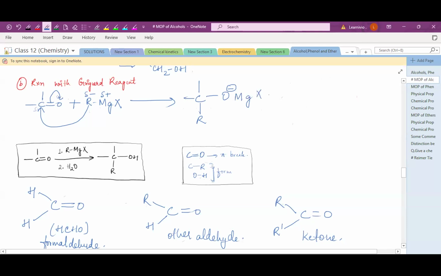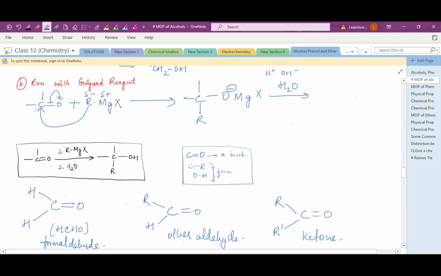Now, further hydrolysis. This is again a two-step mechanism. In the first step you have to treat the carbonyl compound with a Grignard reagent, and in the second step, what will happen? Just hydrolysis. On further hydrolysis, H2O. Okay, so again you know very well it has H plus and OH minus.